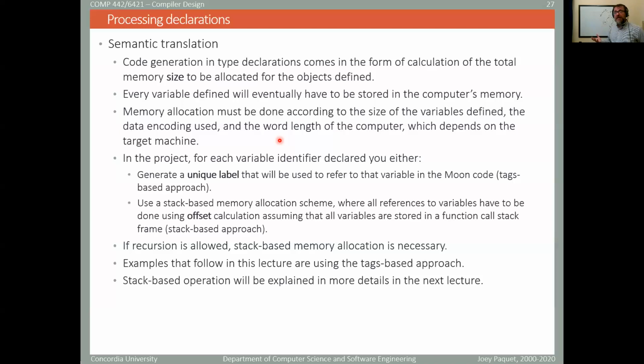The most complicated thing that we may have, which I will not even force you to do, is to use a stack operated mode of execution. For example, when you call functions, that you use stack frames and so on. I'm going to explain next lecture how you achieve that.